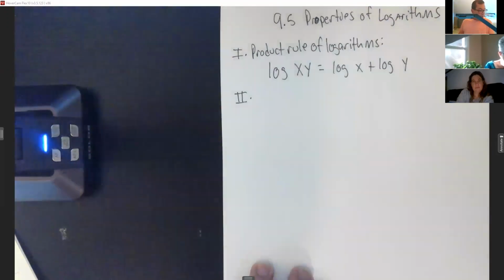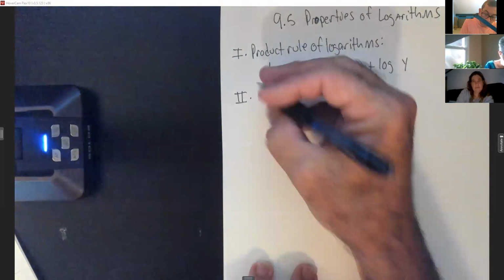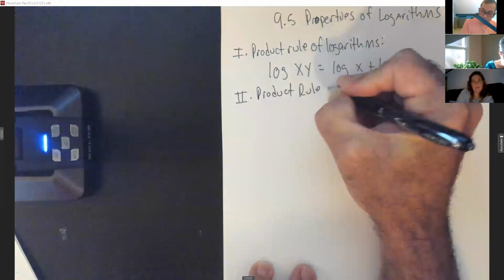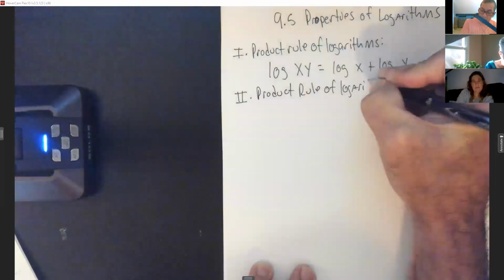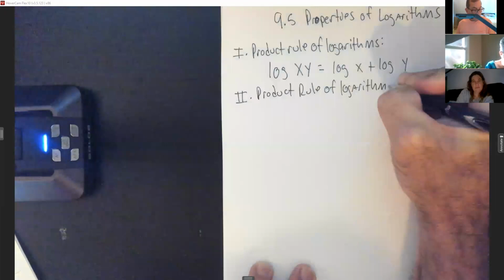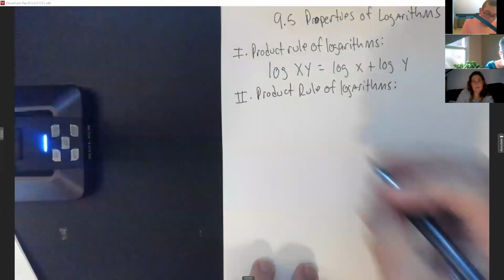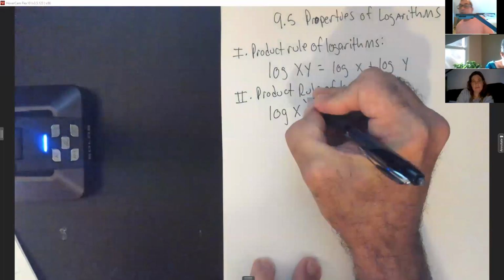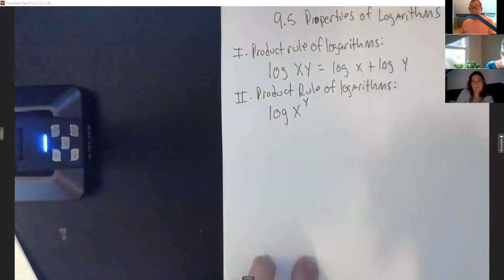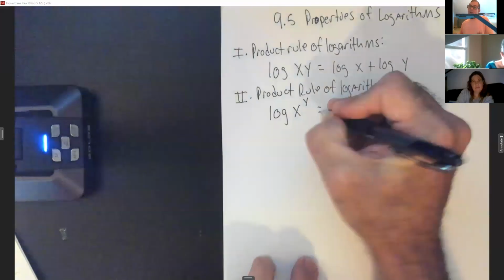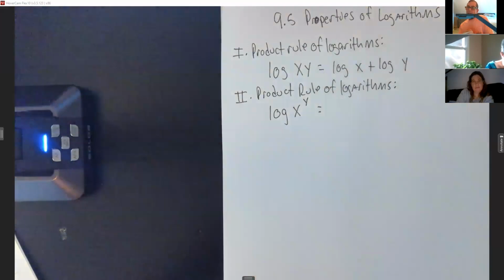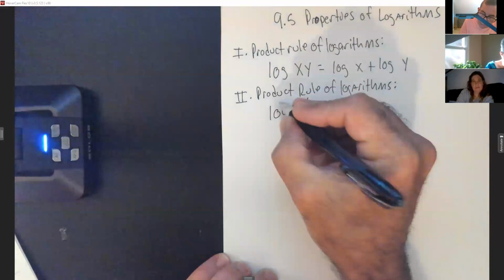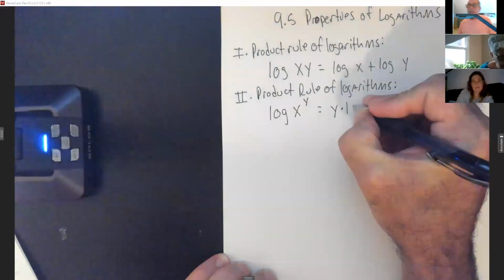Second one we go with, the power rule of logarithms. So the power rule tells me if I got a log of x raised to the y exponent, this is sort of like when you have an exponent raised to an exponent, what we do is bring the y down to the front and multiply by the log x.